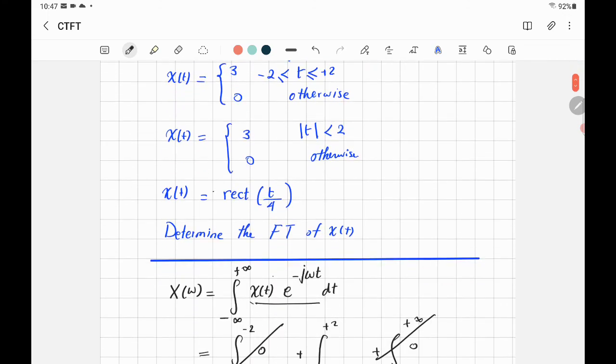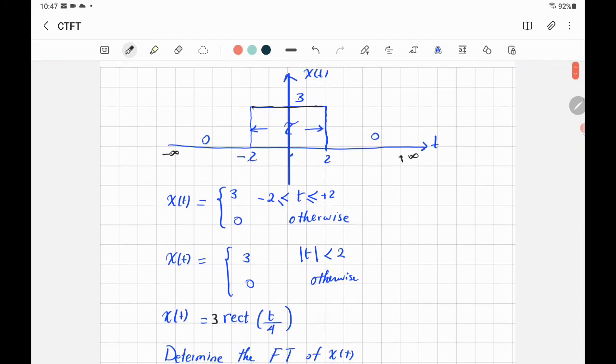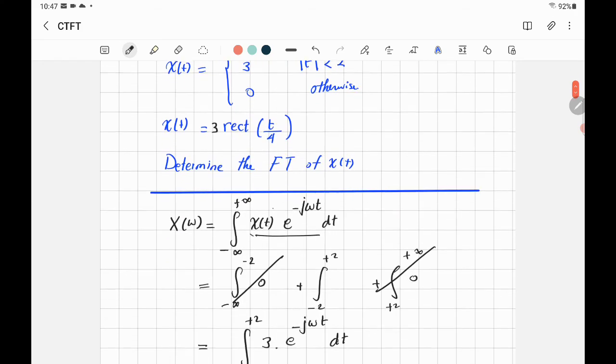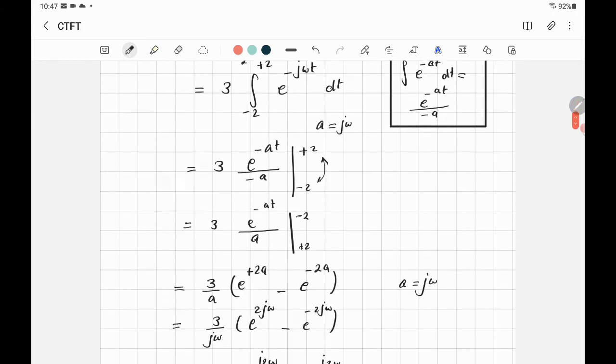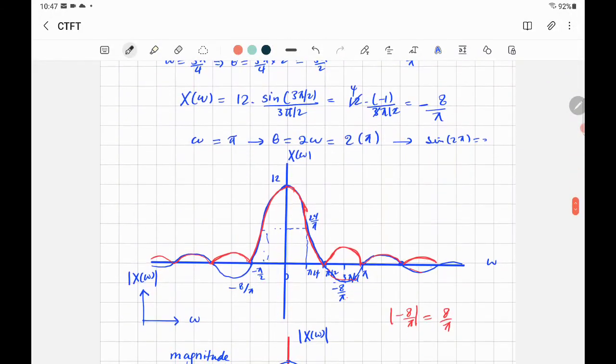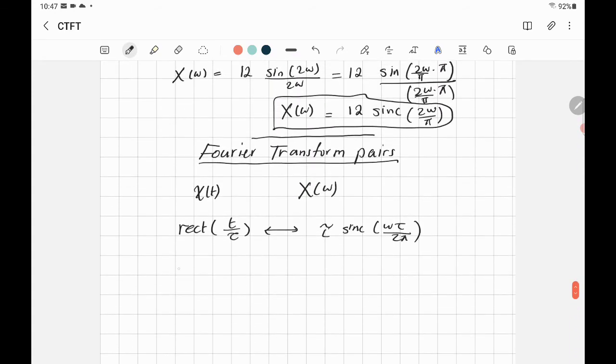You should write 3 in front here, because the standard rectangular pulse has amplitude equal to 1. If the amplitude is different, you just put it in the front. So our function is 3 rectangular t over 4. In our case, we have 3 rectangle t over 4.